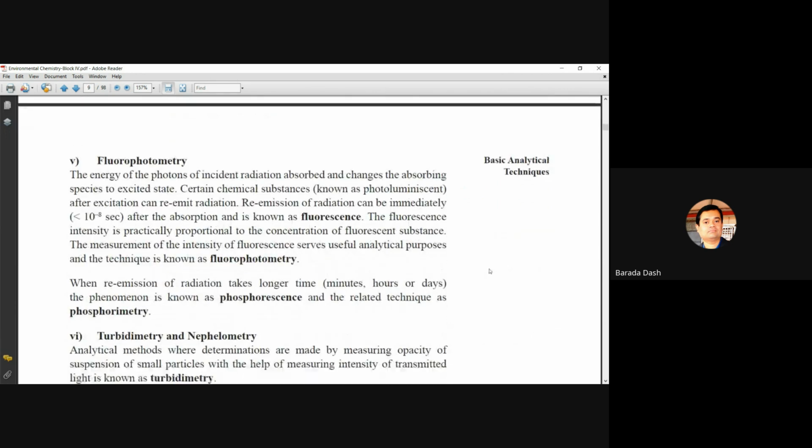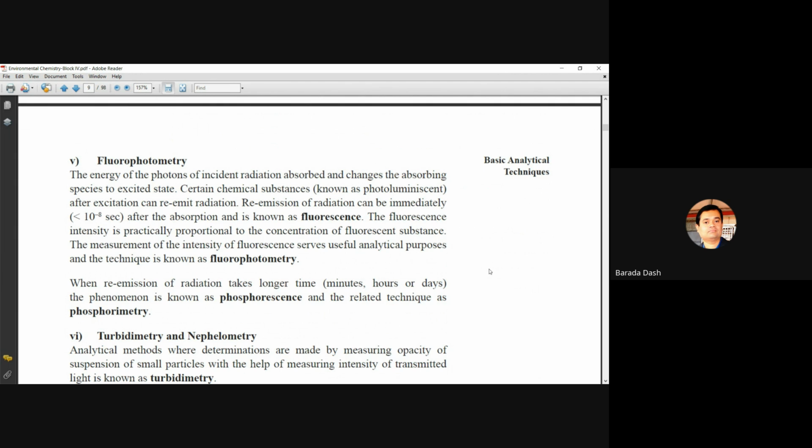So next is fluorophotometry. The energy of photons of incident radiation is absorbed and changes the absorbing species to an excited state. Certain chemical substances after excitation can re-emit radiation.